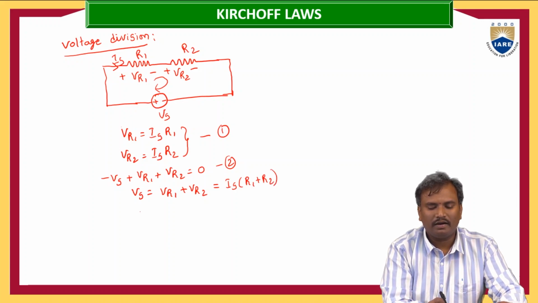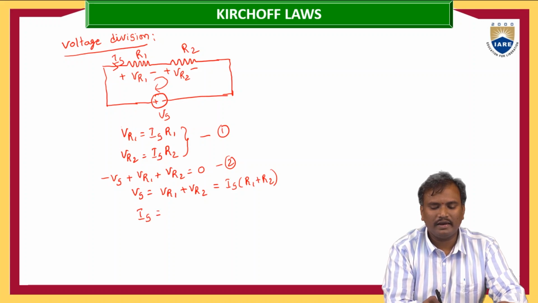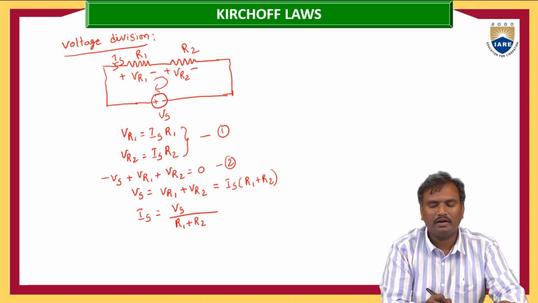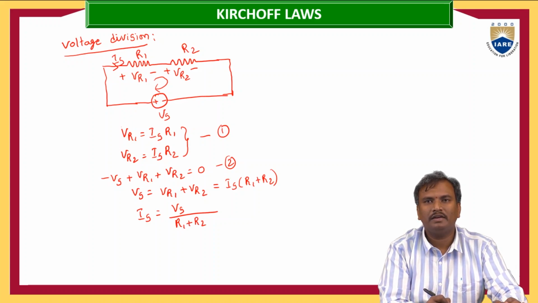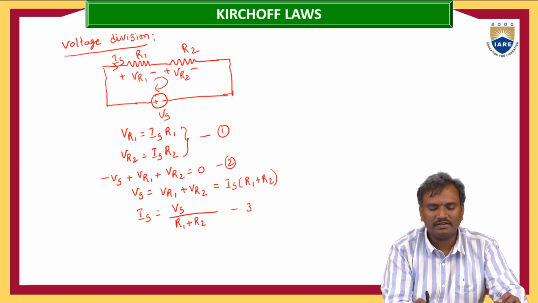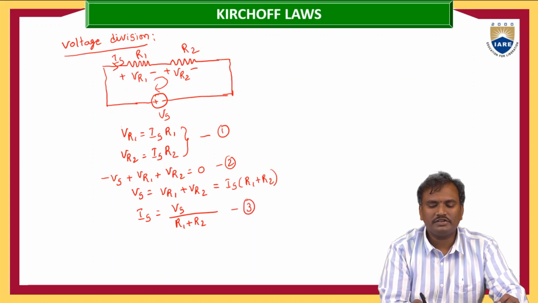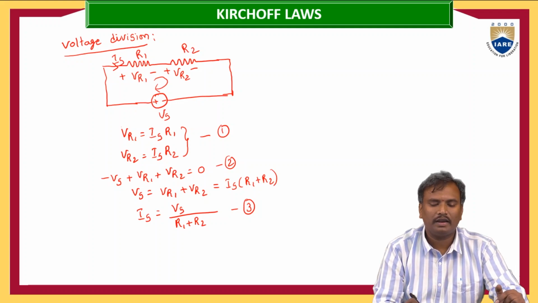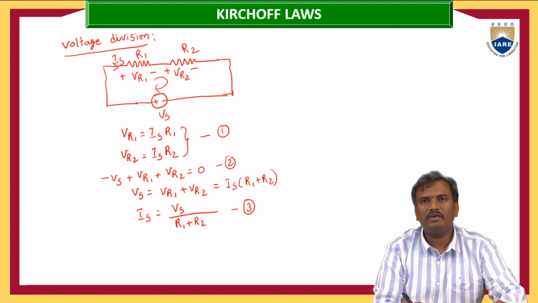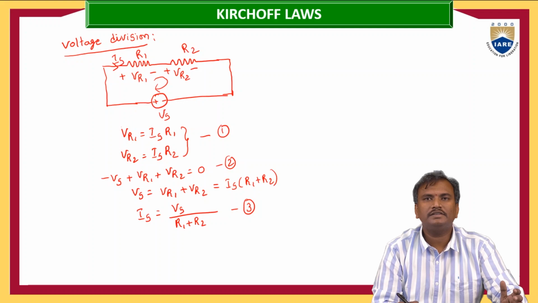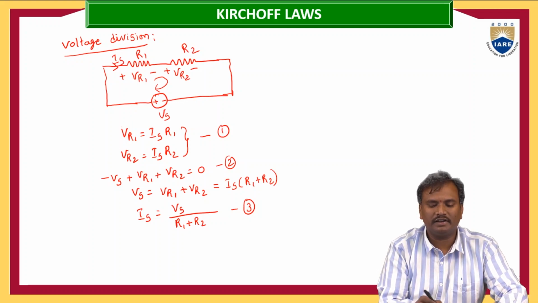From this we can write Is equation as Vs by R1 plus R2. So here we got the current equation. Let us consider this as equation number 3. If we substitute equation number 3 in equation number 1, then we will get the voltage across each resistor.